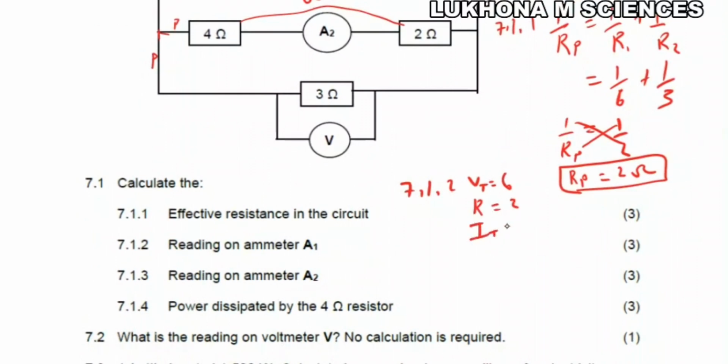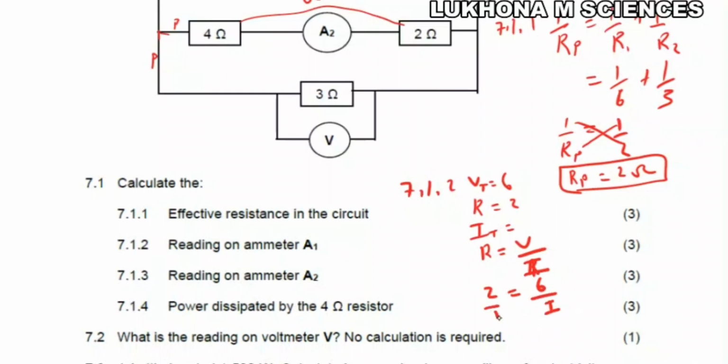So we can use the formula R is equal to V over I. The resistance is 2, V is equal to 6, over the current, which is what we are looking for.